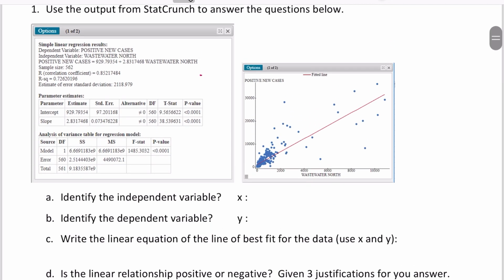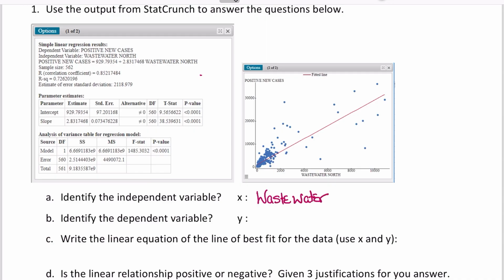Sorry about that. Okay, so identify the independent variable. The independent variable would be the wastewater measurements.